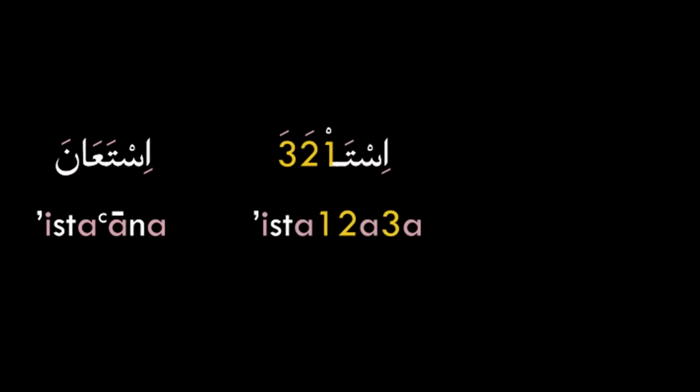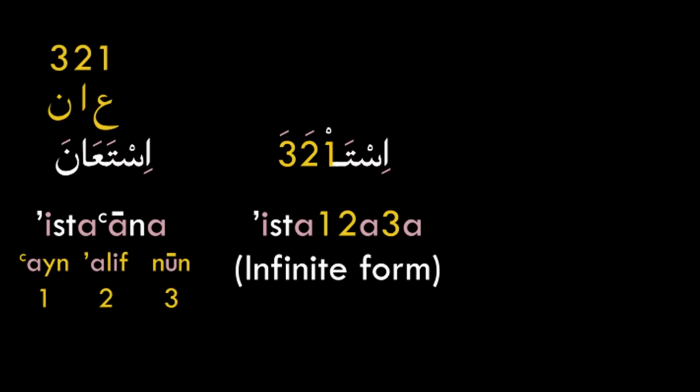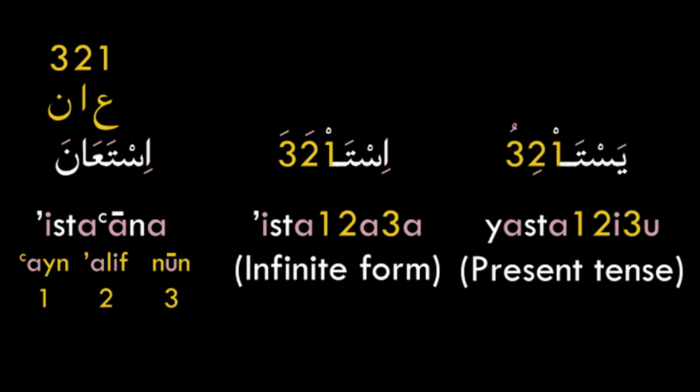The pattern of how to use this package is like that in the infinitive form. Those numbers are the root letters in order, and the pattern in the present tense in the third person, he, is like that. You only have to determine the root letters of a verb and put them in the place of 1, 2, and 3.